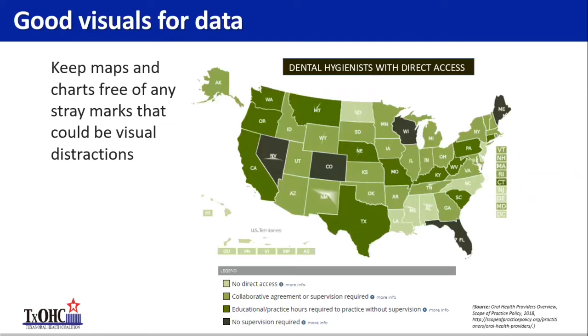You also want to make sure that you're not using any other kind of graphic or marking, or that there's anything else going on in the map. I saw this on an oral health related website called Scope of Practice Policy.